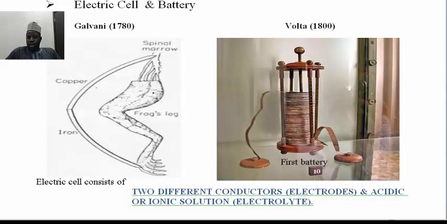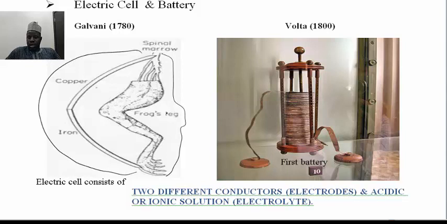On the right-hand side he has the frog leg, on the left-hand side he has some material, and Galvani took it as his conclusion that the electricity is from the leg of the frog. Volta thought that this may not be correct. The electricity should have been from the copper and iron.